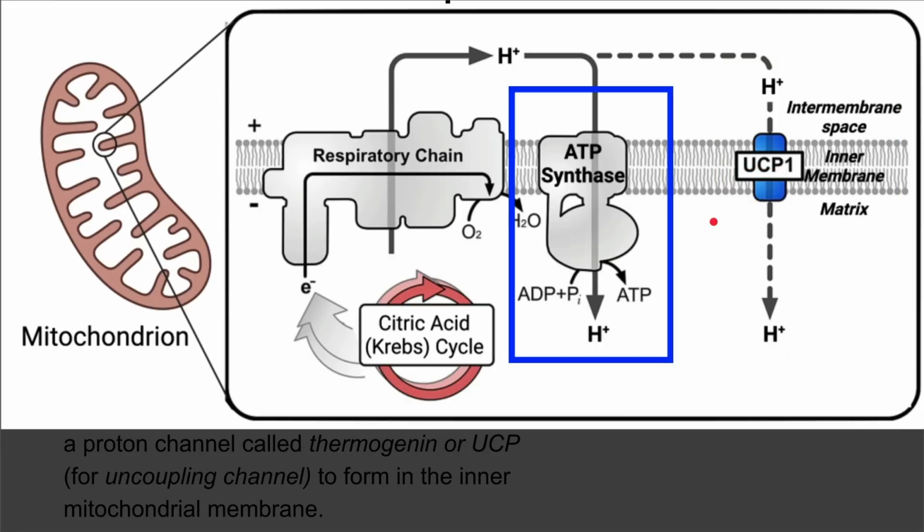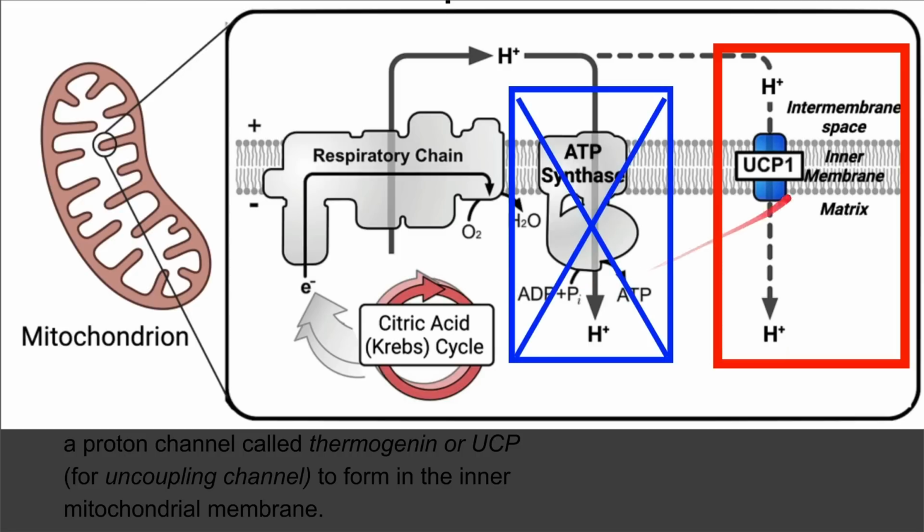Now notice, in normal cellular respiration, protons that are trapped have to diffuse through ATP synthase, which creates ATP. But now there's an additional channel. So protons diffuse back to the matrix from the intermembrane space without passing through ATP synthase. But all of this activity in the electron transport chain, here called the respiratory chain, still has to happen.